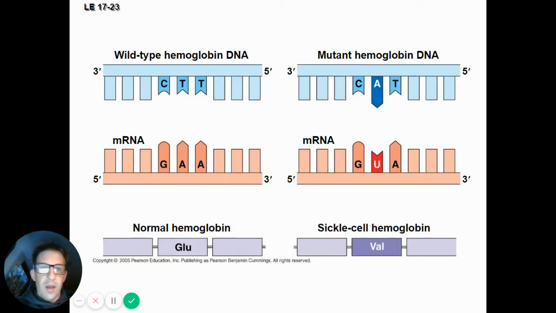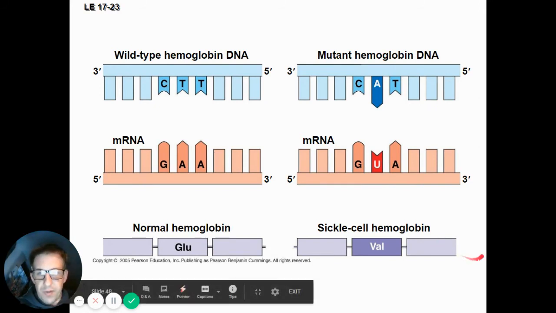All right, now I've been harping on this sickle cell anemia thing, right? Well, up here in this picture, we see the normal wild type hemoglobin DNA codes for CTT. Now, the scientists have understood this very, very well. They've narrowed it down to exactly one spot where this mutation occurs. And it happens in that particular triplet code, which codes for this particular codon right here.